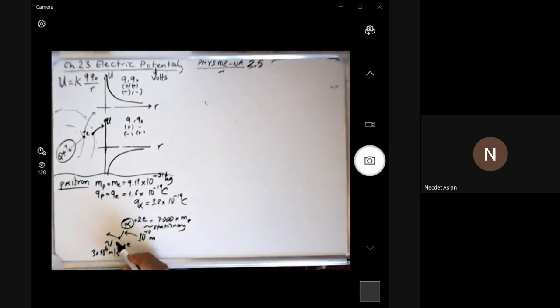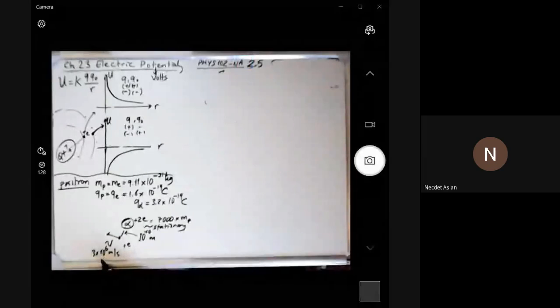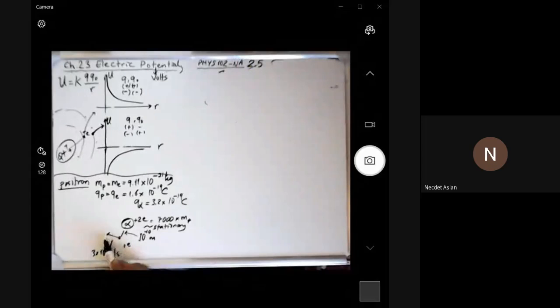It's a huge speed. Don't forget, this electron is moving 3 million meters, or 3,000 kilometers, in 1 second. So it's a huge speed.